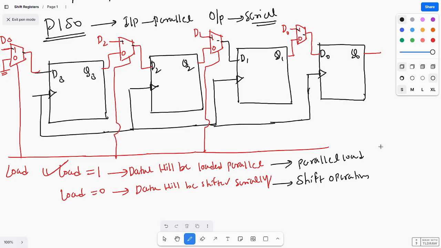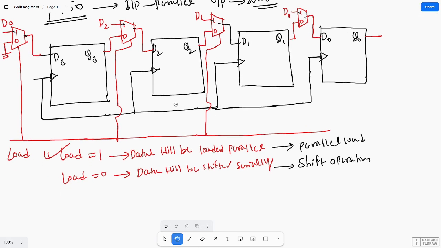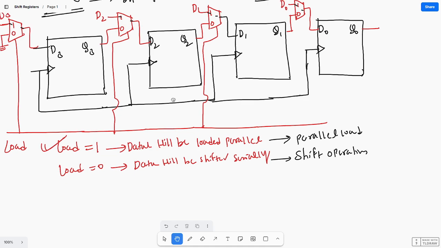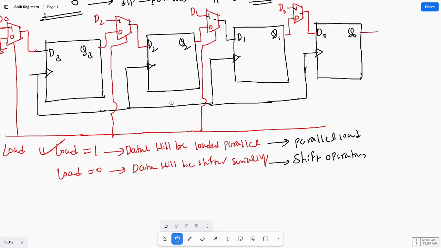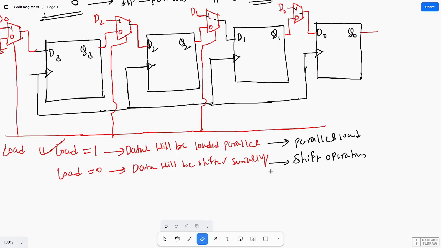So here this is a parallel in serial out, no. Okay, so here I am drawing the diagram. Clock, parallel load.